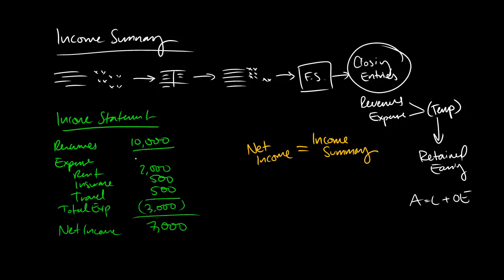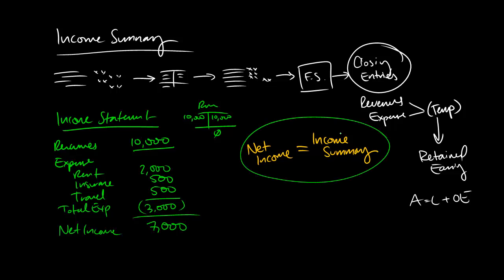So when we close all of these accounts, we have our revenue account, which has a credit balance of $10,000, and we want to get that down to zero. So we have to throw in a debit of $10,000 to get that out. With this closing entry to the income summary, we're going to debit revenue by $10,000.